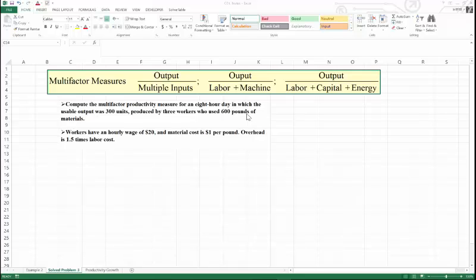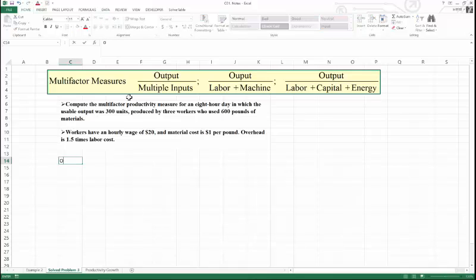The common method we use is the monetary measure, using dollars to make those two different inputs consistently measured. Now, to answer this question, let's first figure out what the output is.